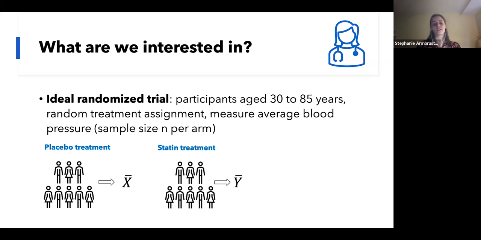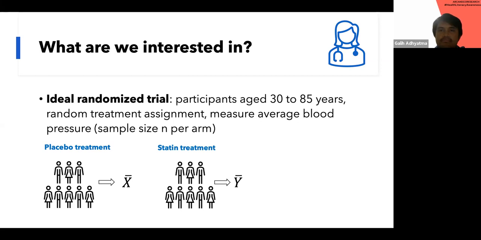The groups are exchangeable. So the covariates, their socio-demographic variables, are roughly distributed the same way, meaning the groups are kind of the same. And if I apply the placebo treatment in the statin group, I would get the same result as I got in this placebo group.